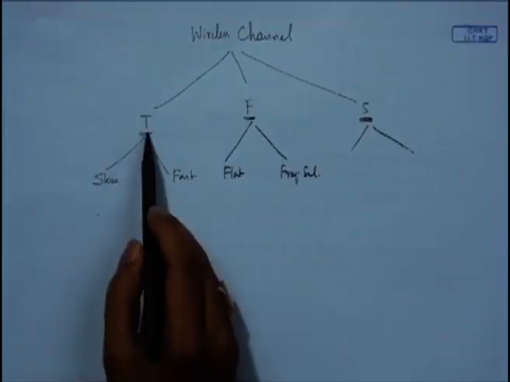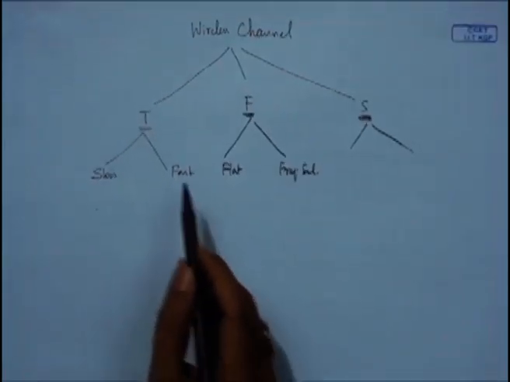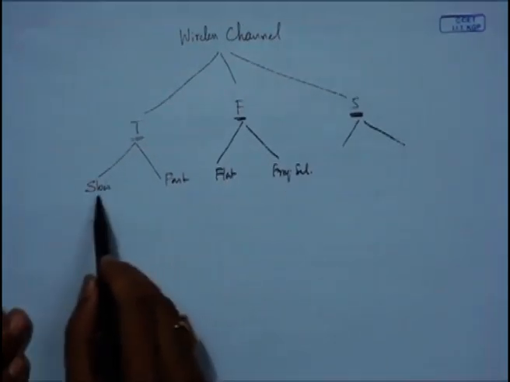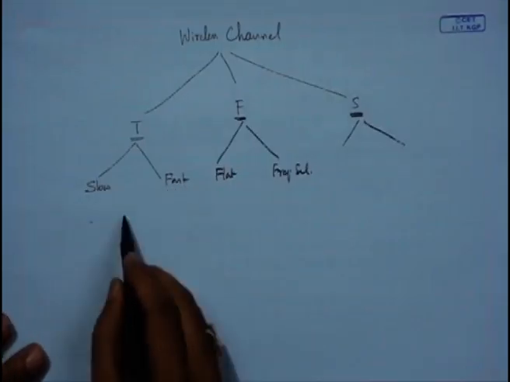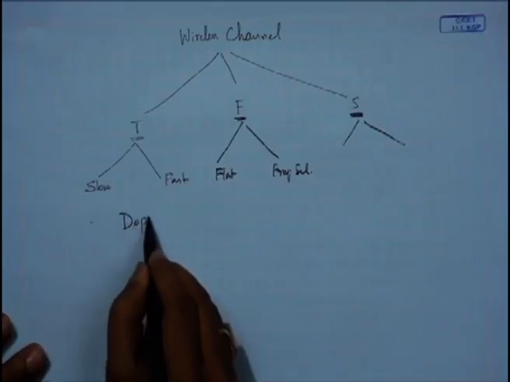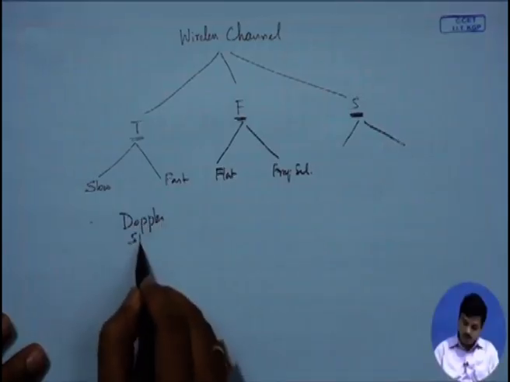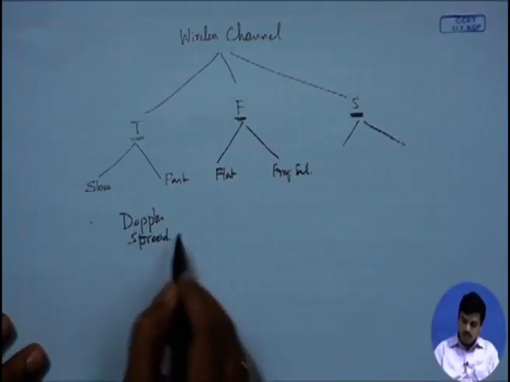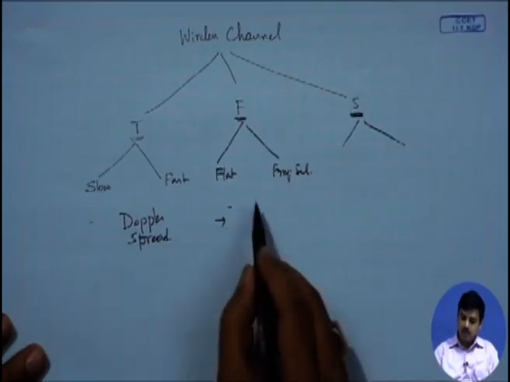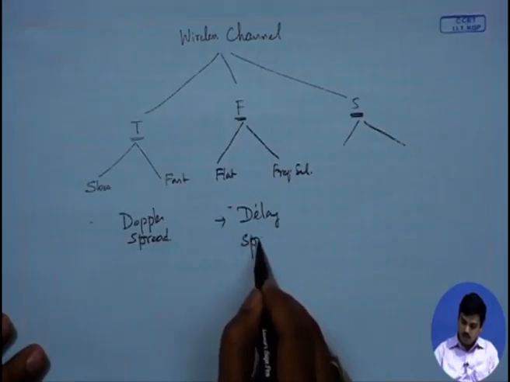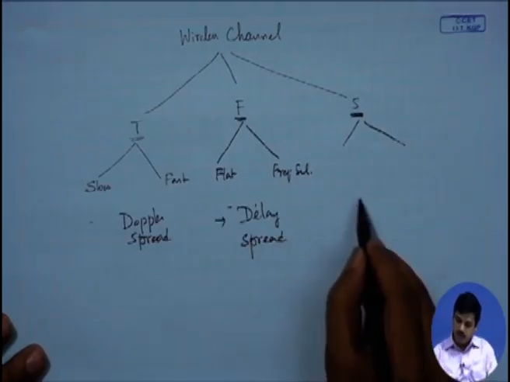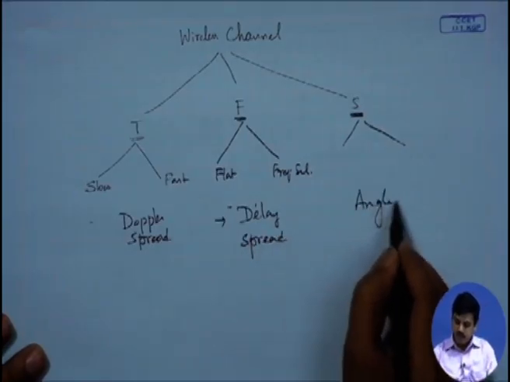See here, when we looked at the dimension of time, when it is slow or fast fading, we had described it in terms of the Doppler spread. Here we had the term delay spread, and similarly here we would have angle spread.